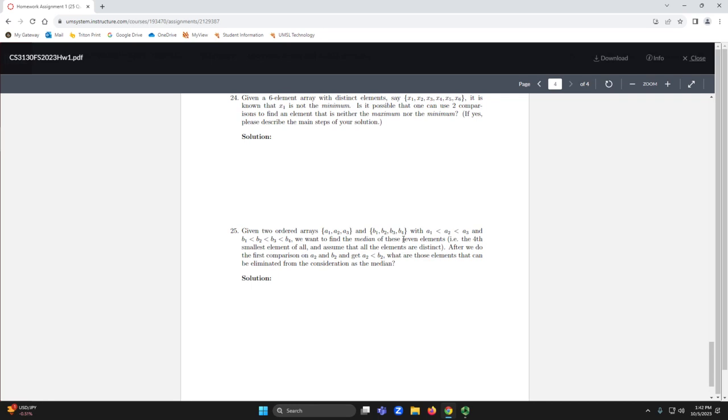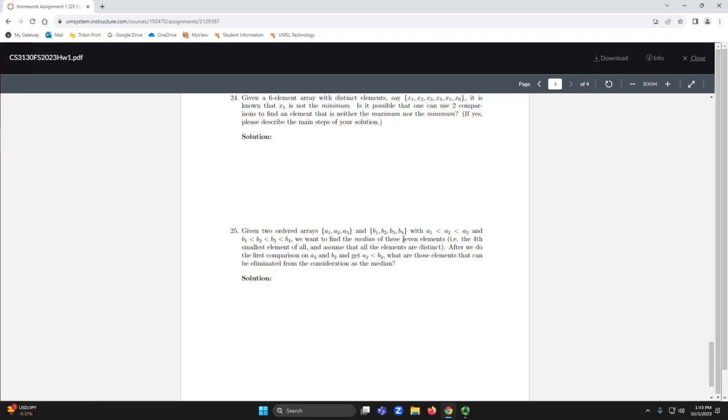Definitely we cannot find the median by one comparison. But after one comparison, we can eliminate a few elements that cannot be the median. The question I want to ask you: what are those? Try to find as many of those elements as possible that can be eliminated by the first comparison.